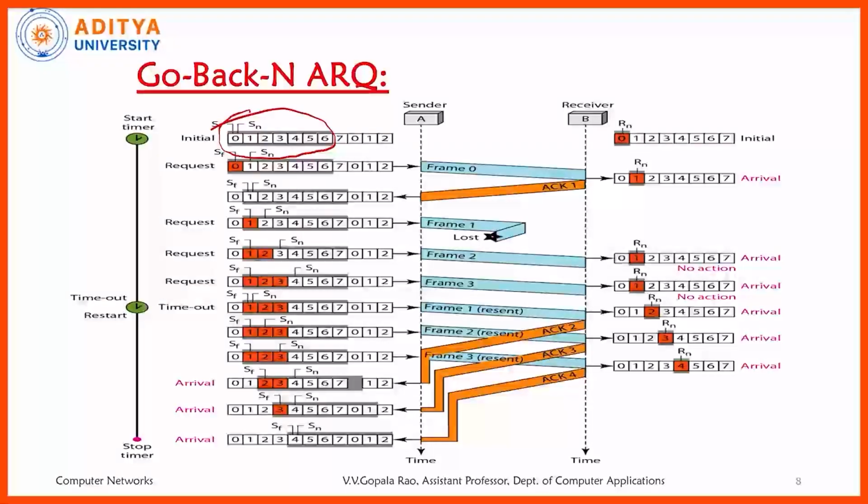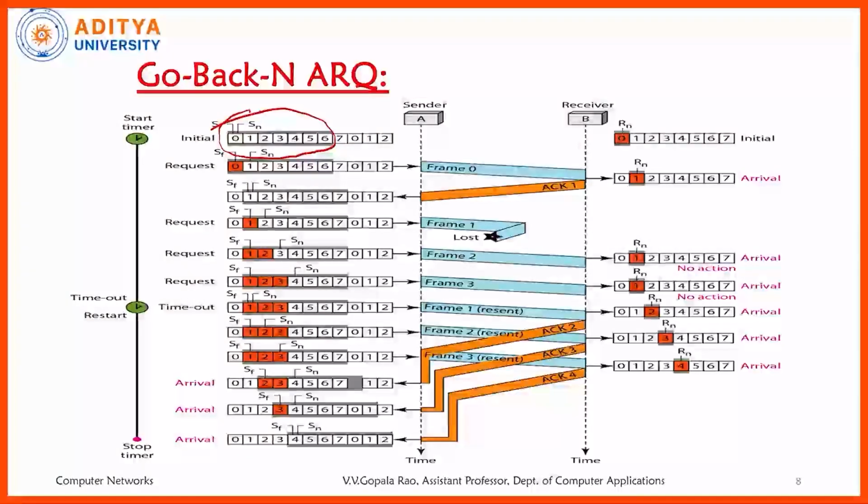Because the window takes the initial frames numbered 0 to 6. Imagine that these frames are placed at a stretch in the channel, because it is a noisy channel and because we are recommending pipelining, so more than one frame can be accommodated. So imagine that frame 0 to frame 6 are put in the channel.